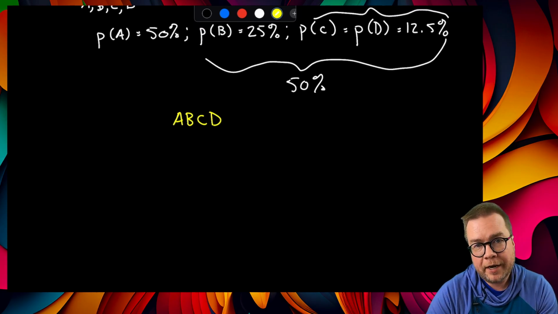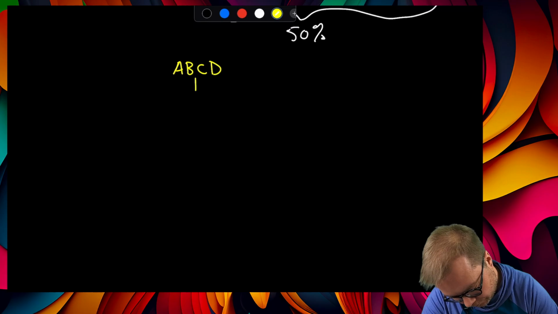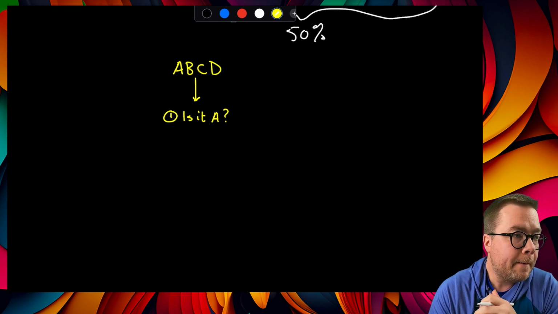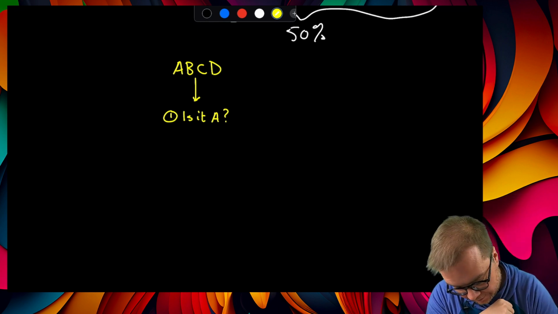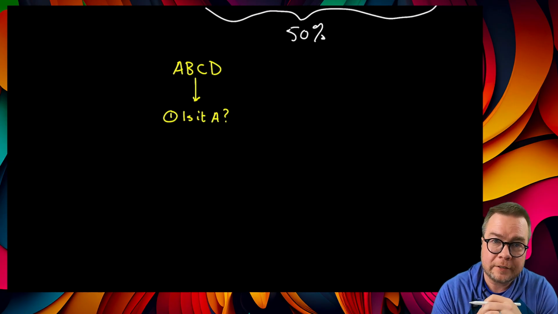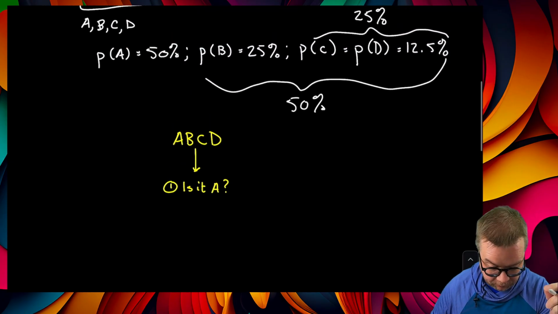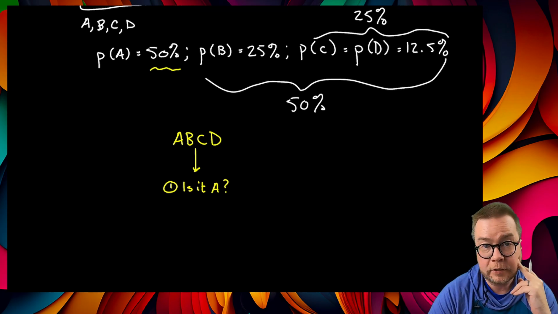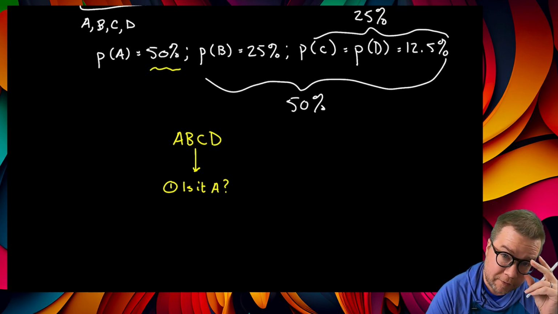Well, I can just pick one of them, and I'm going to choose this in a very particular way. I'm going to ask the question right here, my first question. Is it A? And if you think about that, 50% of the time, the answer to that is going to be yes, right? At least based on these probabilities, the probability that that thing is going to be A is 50%.